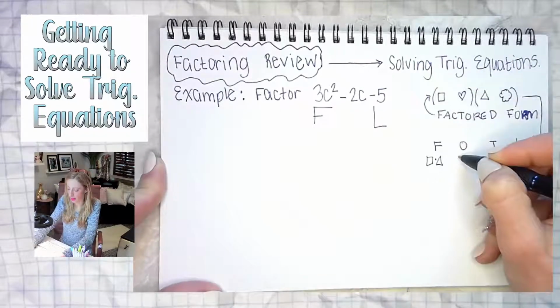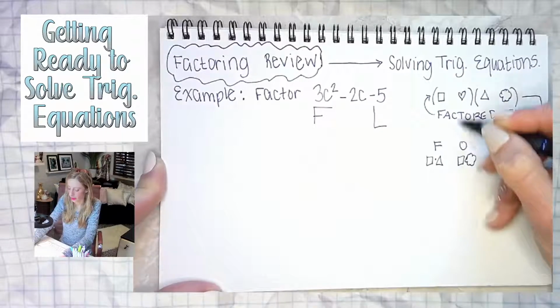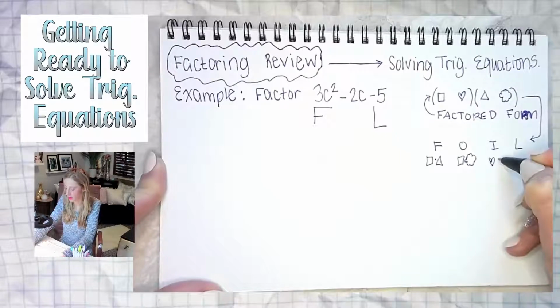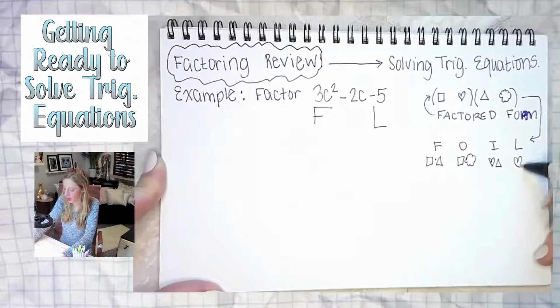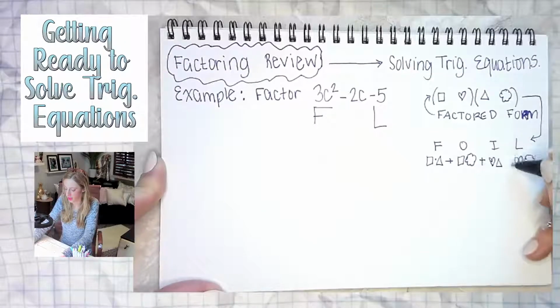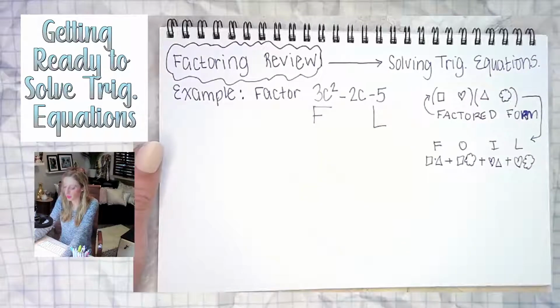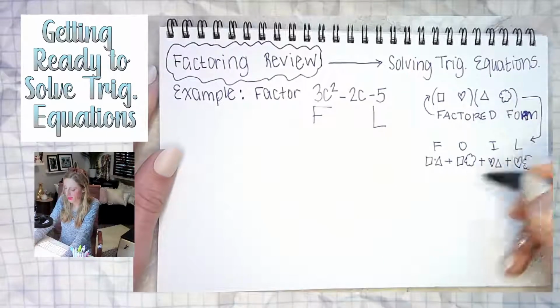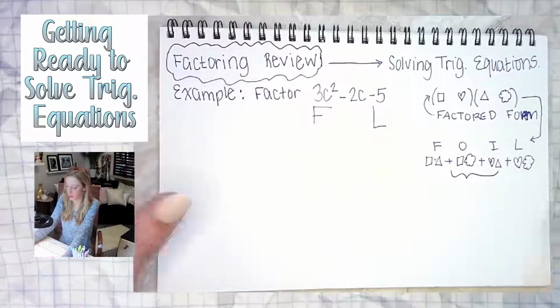Outer would be square times little cloud guy. Inner is heart times triangle. And last times last is heart times little cloud guy. All right. Obviously, I'm just writing plus signs, but if things are positive or negative, you carry on from there. So first, outer, inner, last.